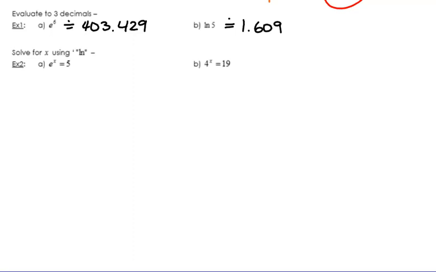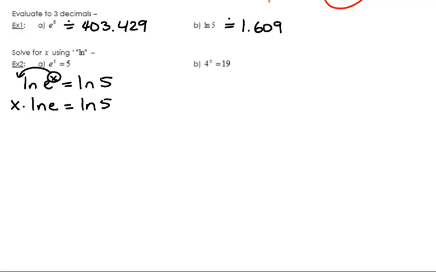Now, we're going to start solving and using algebra. So solve for x using ln. That means that I have everything in exponential form and I want to put things into ln form. So just like logs, I'm going to ln both sides. You treat them just like logs. And just like logs, you can bring down this x value, and it now multiplies ln e.